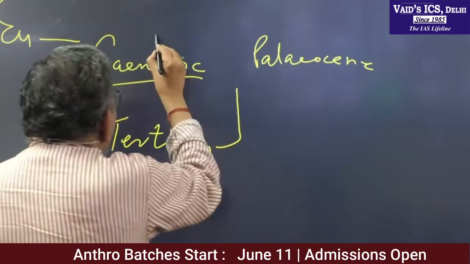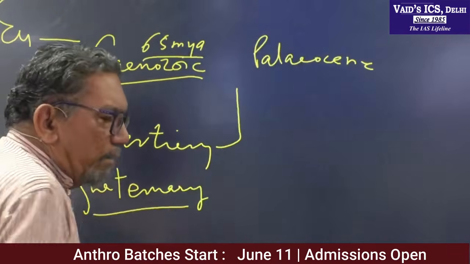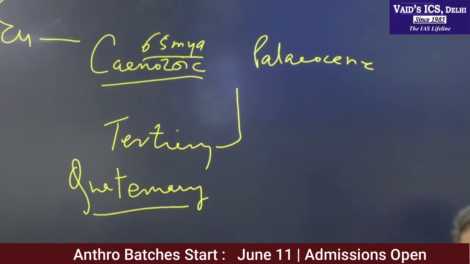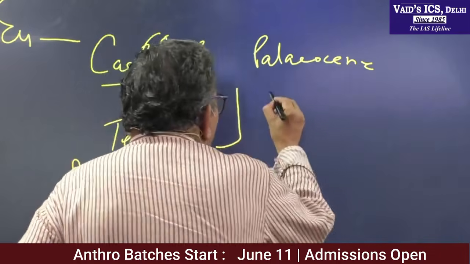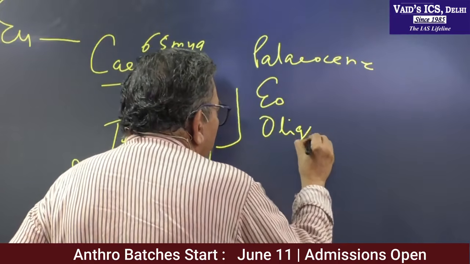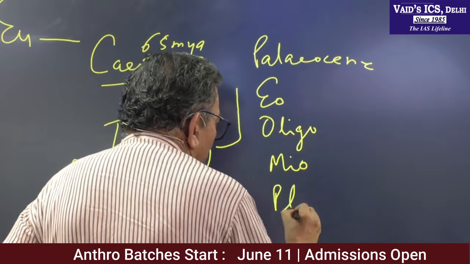This started 65 million years ago. In layman terms, it is called age of mammals. In anthropology, we call it age of primates. Paleocene, then Eocene, then Oligocene, then Miocene, then Pliocene.